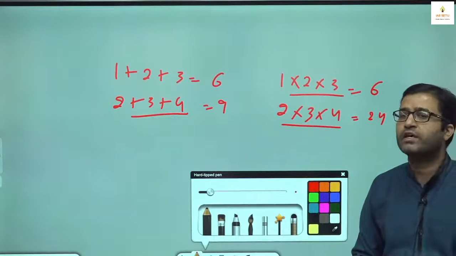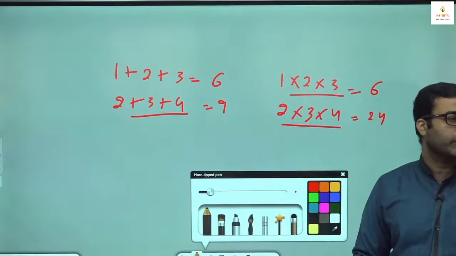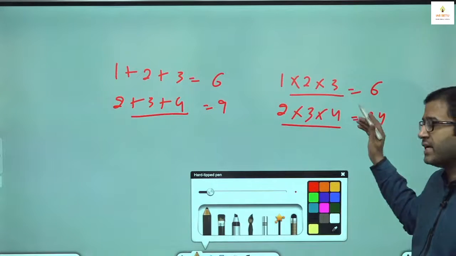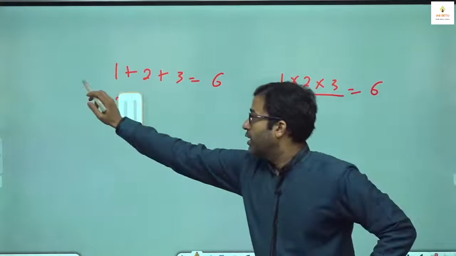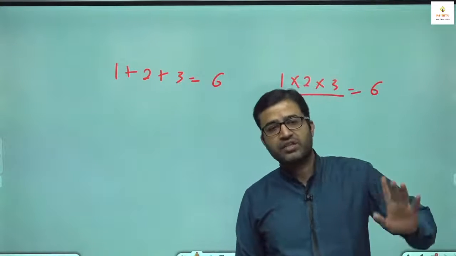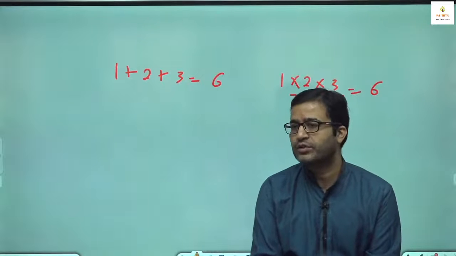And many students know this: 1 plus 2 plus 3 or 1 into 2 into 3, in both cases you get the same result, 6 and 6. So many students in the 2022 prelims marked the answer as 1 pair. You must have heard it somewhere about natural numbers, because it is a common thing.